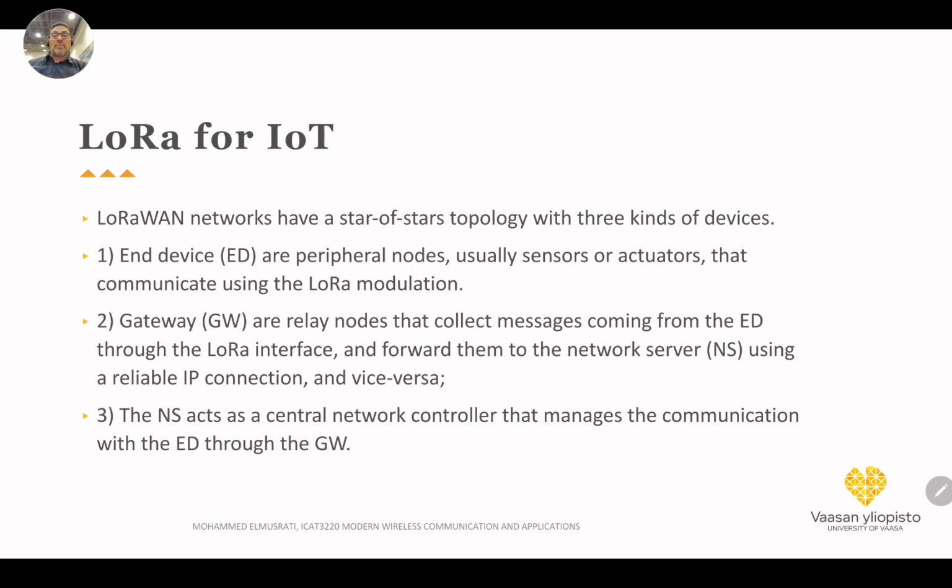So it is not third party based. Of course, we have some disadvantages here because it uses an unlicensed band. That means a lot of other applications might use the same band, and in that sense, this band might have some security issues as well as high interference and so on.